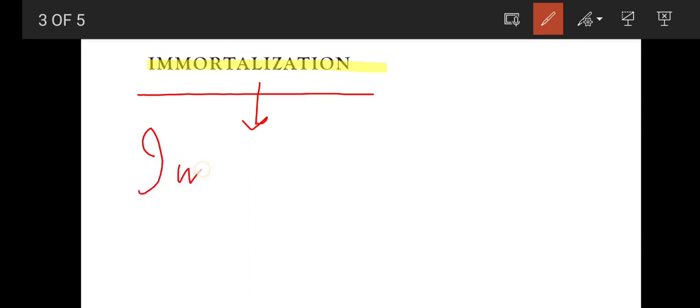Now we will see the first property of cancer cells, that is immortalization. We know that cancer cells show immortalization, that is, they are immortal.